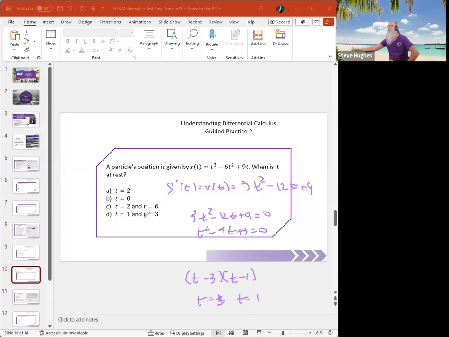So that answer must be D. The key thing to remember here is that velocity is the first derivative, acceleration is the second derivative. A particle is at rest when the velocity is 0. Therefore, we take the first derivative, set it equal to 0, take that function and factor it as necessary to solve for t. Very, very good, everybody.